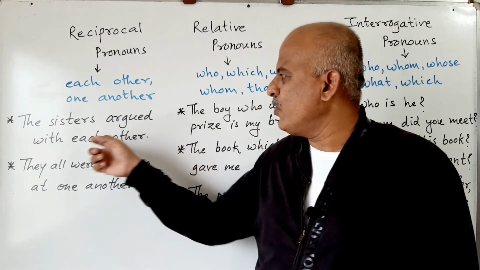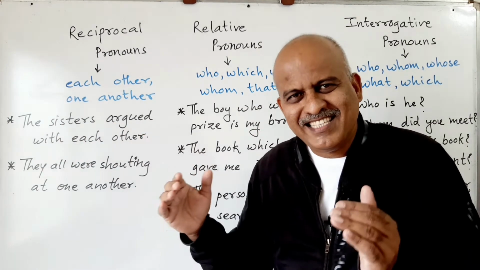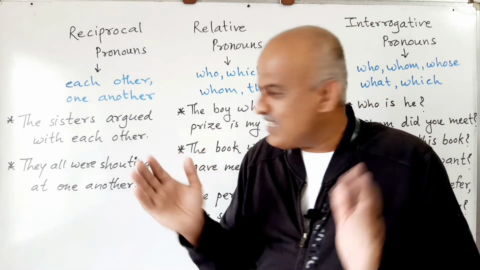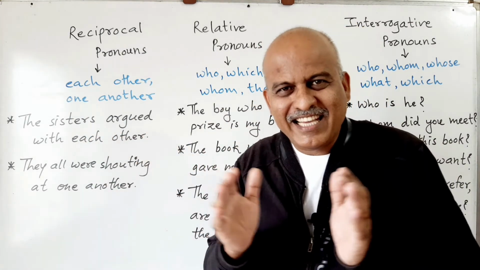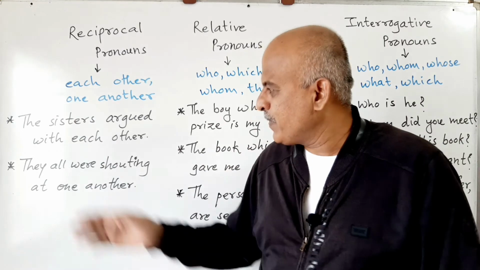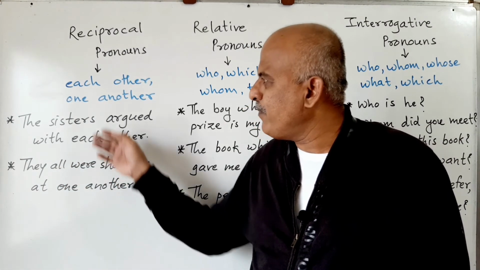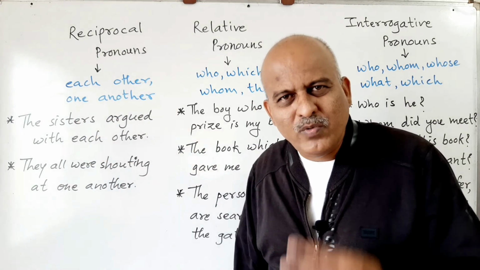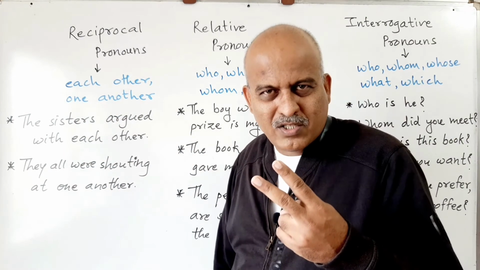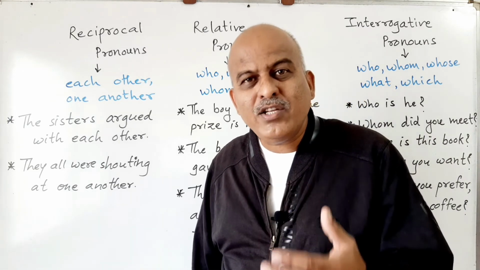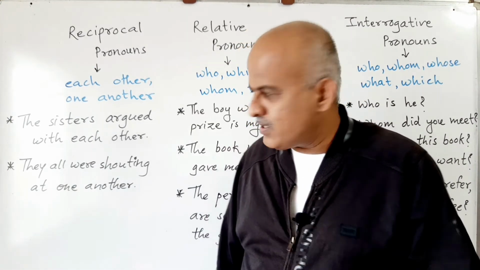The sisters argued with each other. This sister argued with that sister, and that sister argued with this sister. So each other is a reciprocal pronoun. They all were shouting at one another. Remember one thing, my friends: each other is used with two objects or persons, and one another is used with more than two objects or persons.